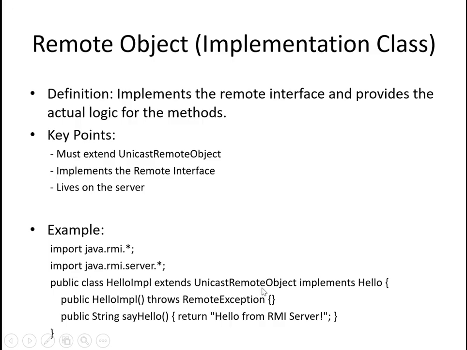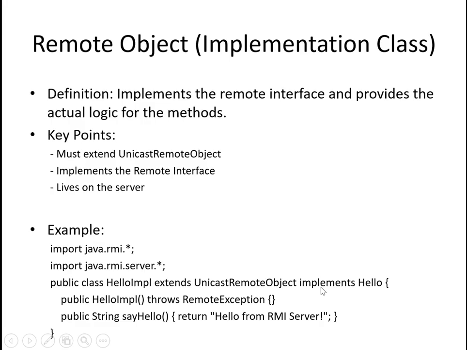It's like installing a phone line for your assistant. Without this line nobody can call them, right? So if you are not using UnicastRemoteObject, no one is able to call your methods. That is why we use UnicastRemoteObject.